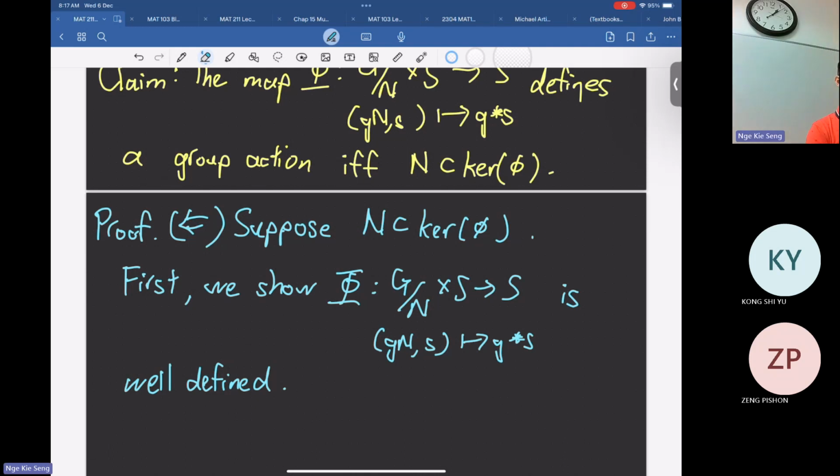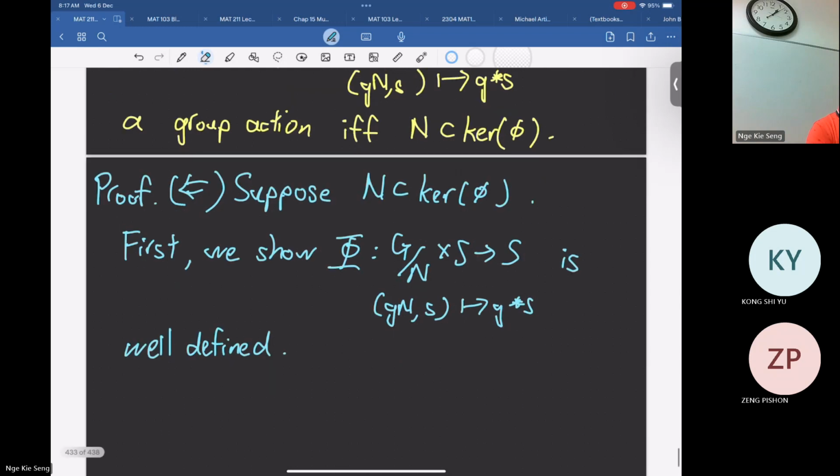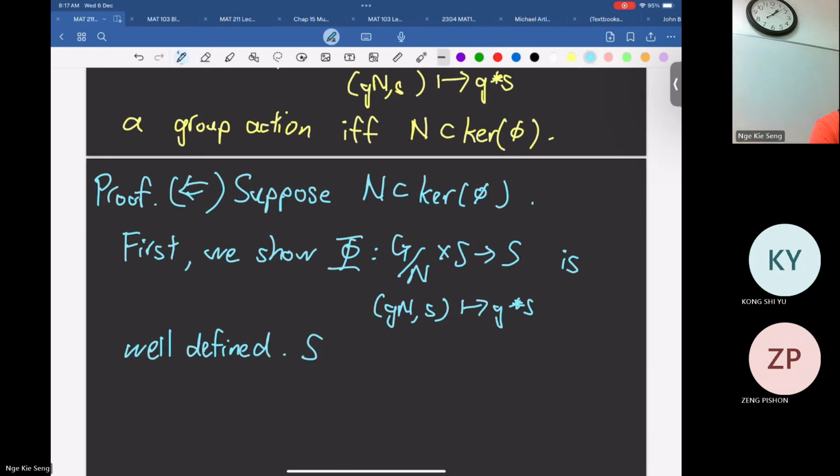Suppose G1N equals G2N. Right. How is a map well defined? If x equals y, then f(x) has to be equal to f(y). Right. So we take two equivalent cosets.